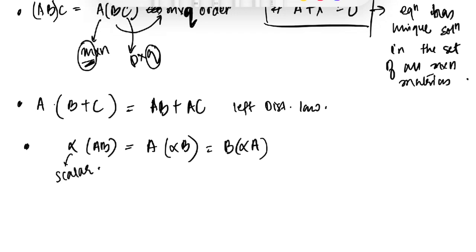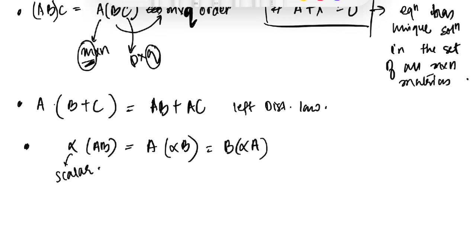Okay, now product of two non-zero, like let's say non-null, ठीक है, जो null matrix नहीं है can also be 0.